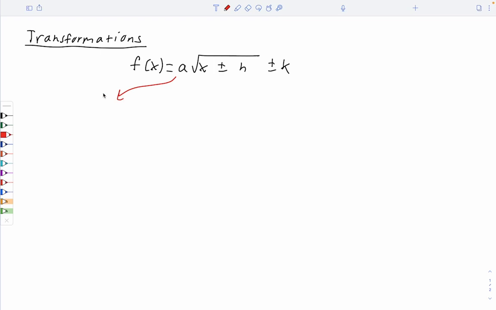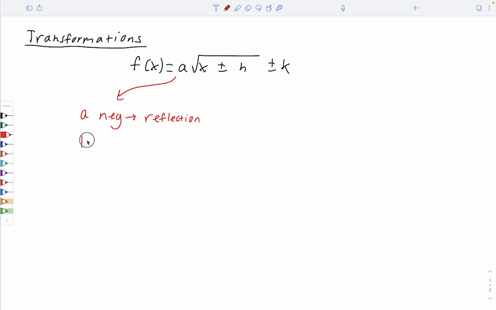So the a value can do one of three things, or a combination of three things. If the a value is negative, like a negative 2, that would cause a reflection over the x-axis, okay? So it's a reflection if a is negative.